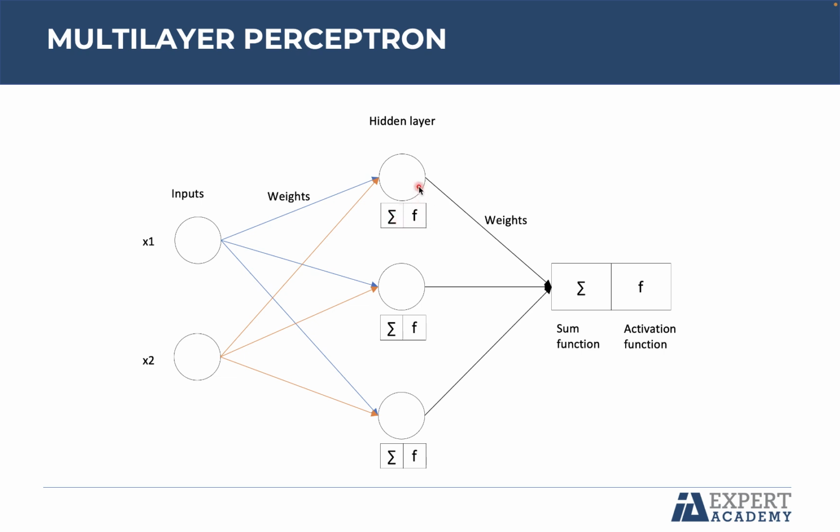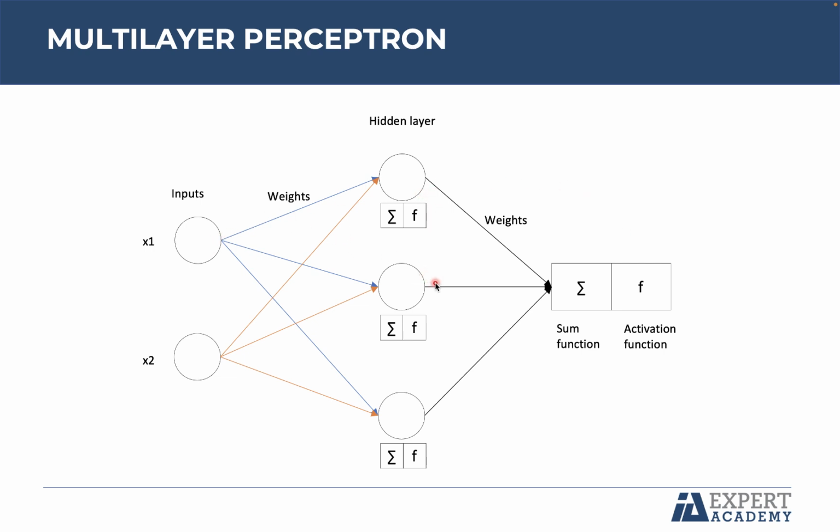Then, we send this value to the rest of the neural network. This process is called feed-forward, which is why this type of neural network is called feed-forward neural network, because information flows from left to right.